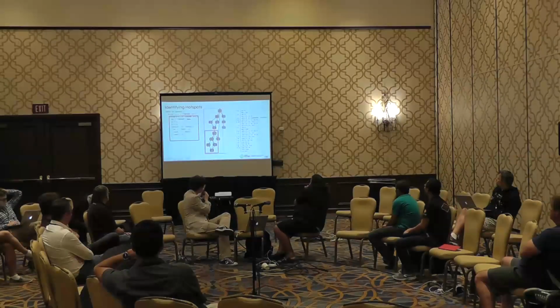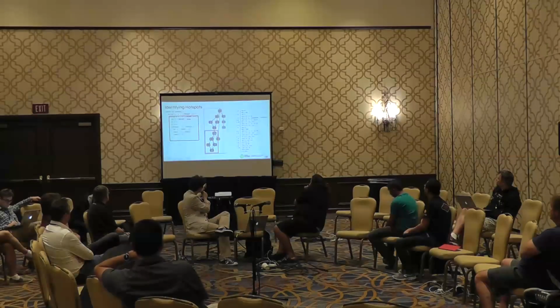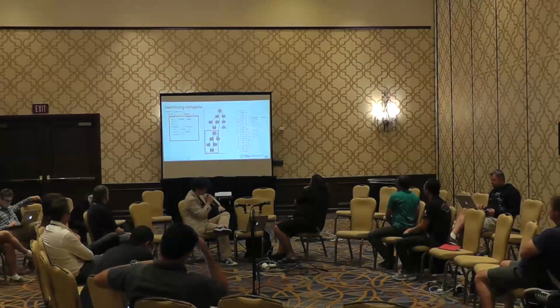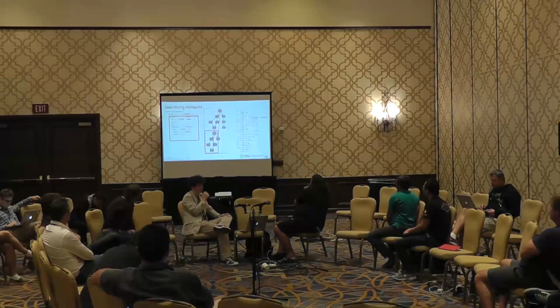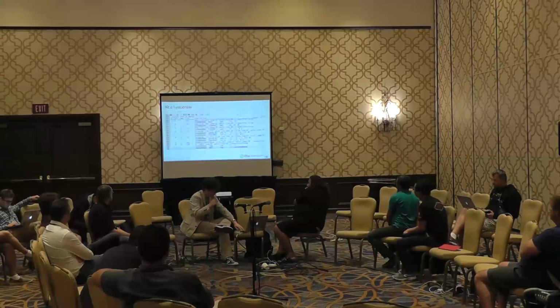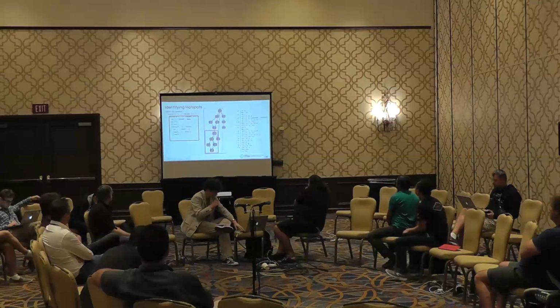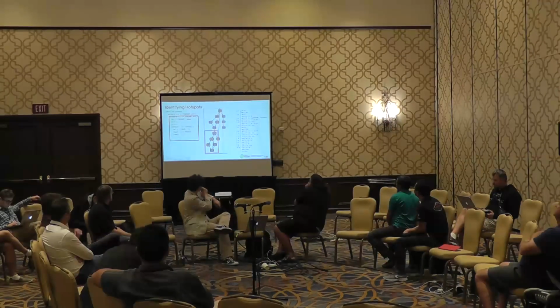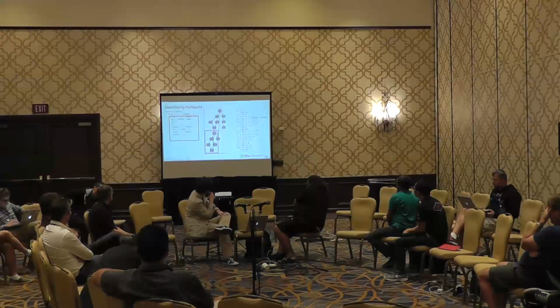Then it simply reflects in the control flow graph. And perf annotate shows us that actually the inner loop is a hotspot. So let's continue and look at the basic blocks of the inner loop.